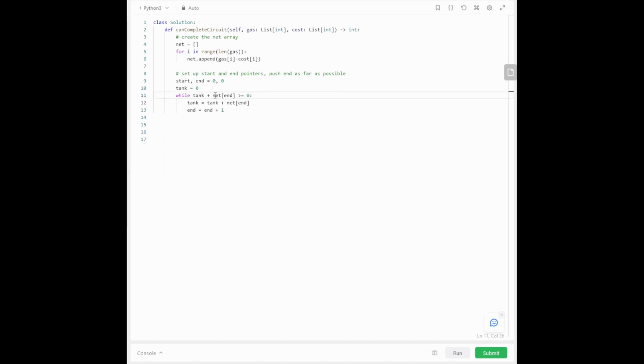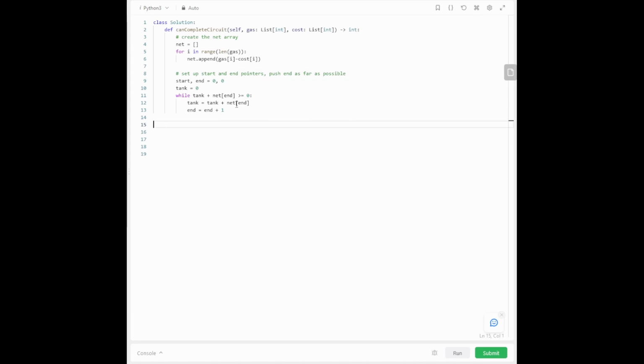In this way, we're talking about the same position and not accidentally talking about the next gas station. We move only after updating the tank. First, we update our tank with the gas at this station, then we point end to the next gas station. When we're done with this, end has been pushed forward as far as possible.